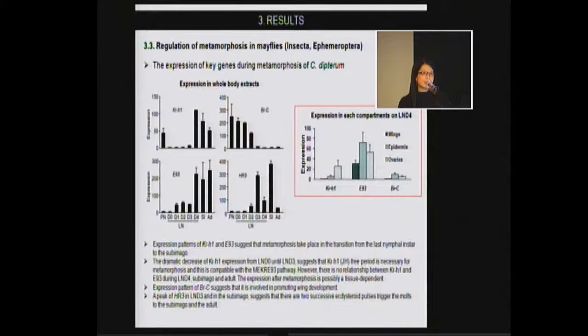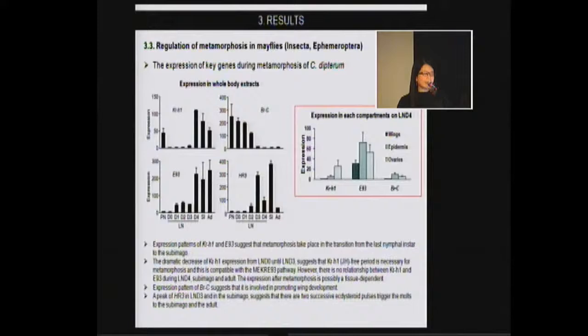So to study the MEKRE93 pathway in Cloeon dipterum, we first measured the expression of 4 key genes in the whole body extract of females of Cloeon dipterum. For Krüppel homolog 1, we found that the expression starts to decrease abruptly after molt to the last nymphal instar, and stays at a low level during day 1 to day 3.